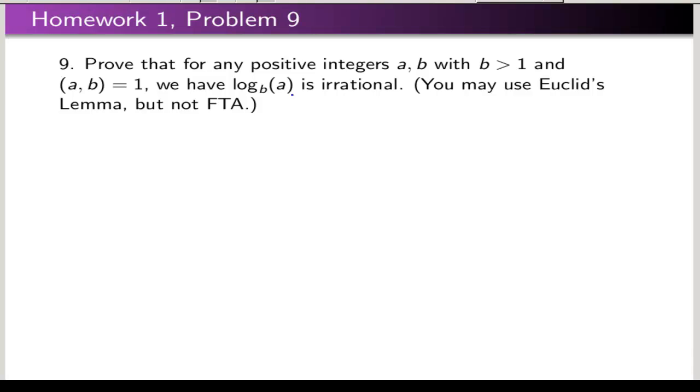Okay, so you've probably seen proofs that some numbers are irrational, and what's the standard technique you use to prove something like that? So this is called proof by contradiction.